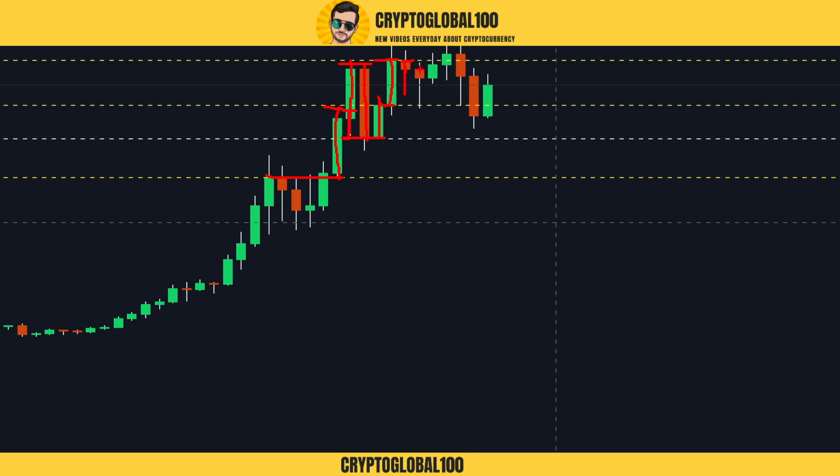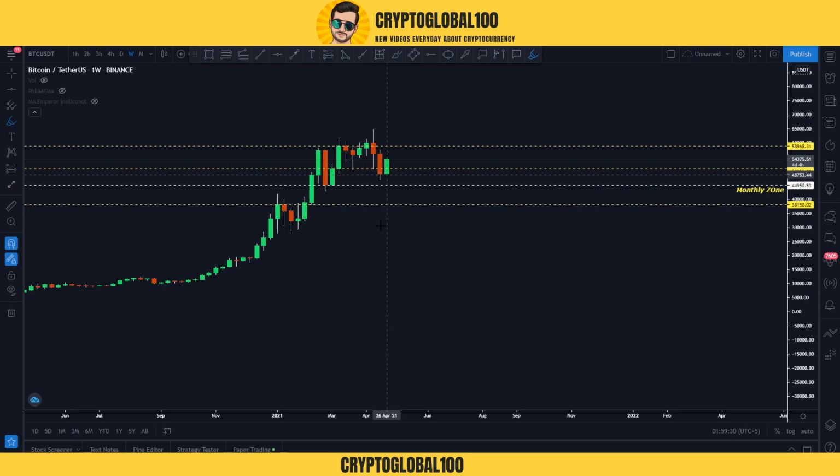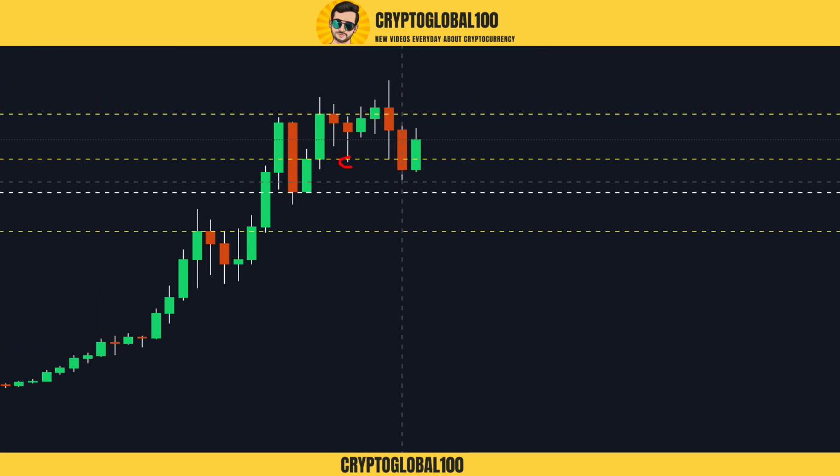The next candle here again tried to break this resistance area but couldn't, and then went down and was again rejected from this area. So you see we have a lot of rejections from this area, which is a good support zone for now.